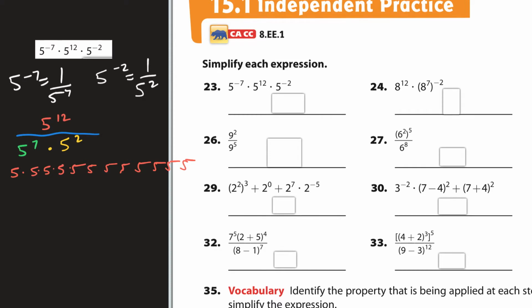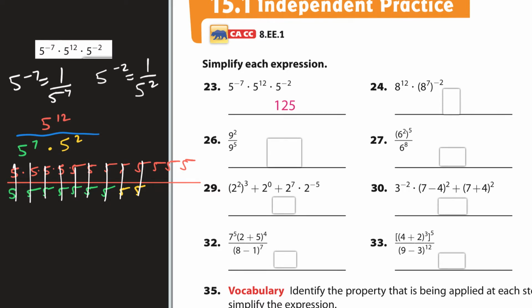And that's all going to be over 5 to the 7th, so that's 7 of them, and then 5 to the 2nd is 2 of them, and we can cancel out all these, and we should have 3 on the top, so that means we're going to have 5 to the 3rd as our answer.